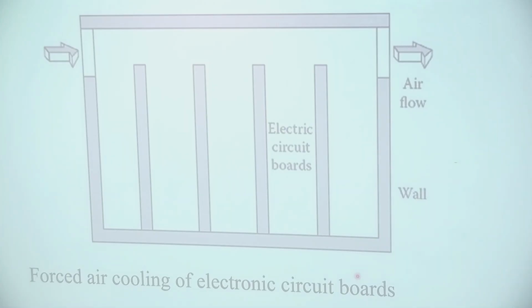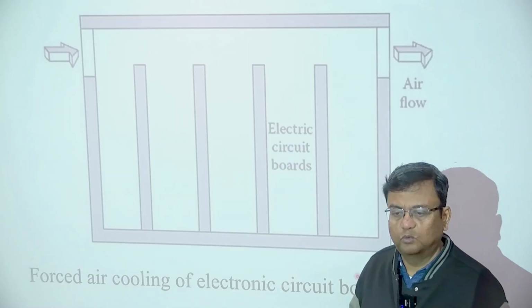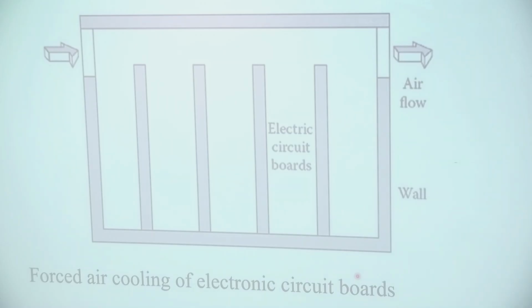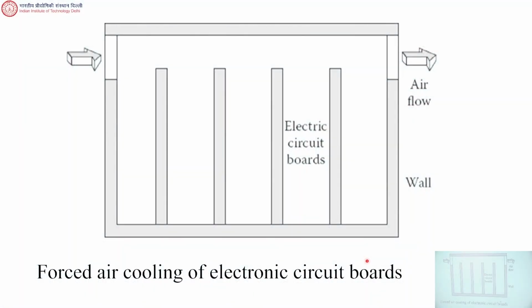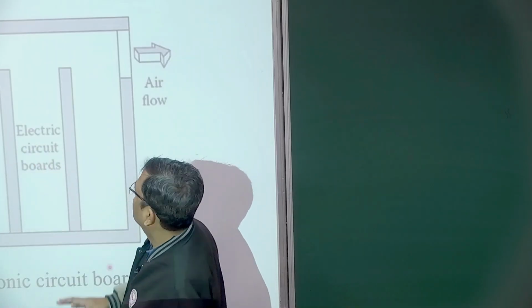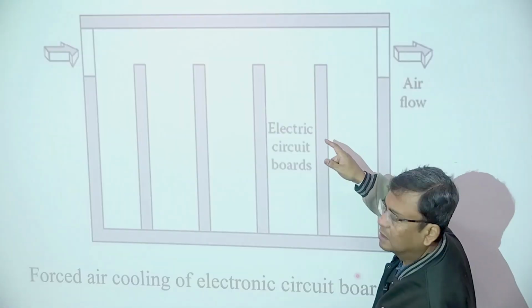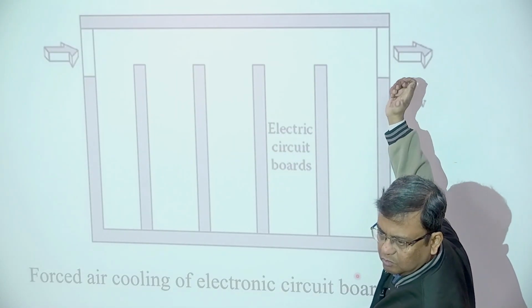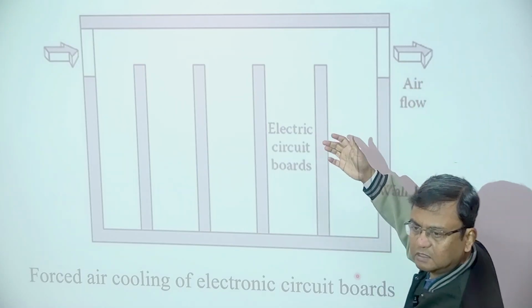There are many other means of cooling electronic circuit boards. There can be liquid cooling also, but this is just one example where there is conduction in the solid part, and there is also convection. Then there's a fan blowing this air, so there are some characteristics of the fan also.